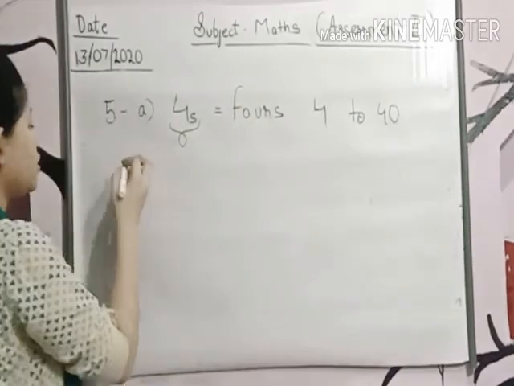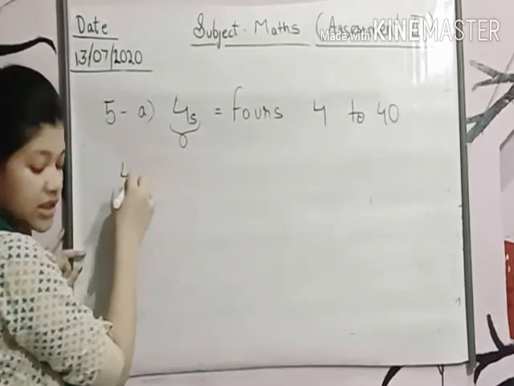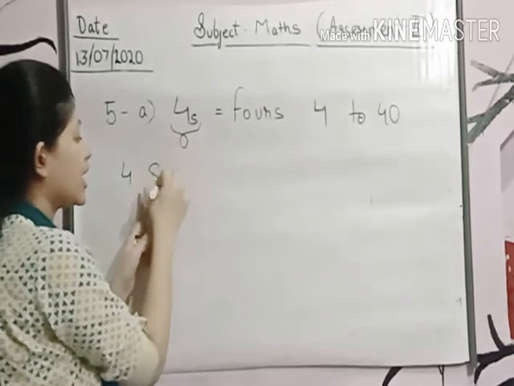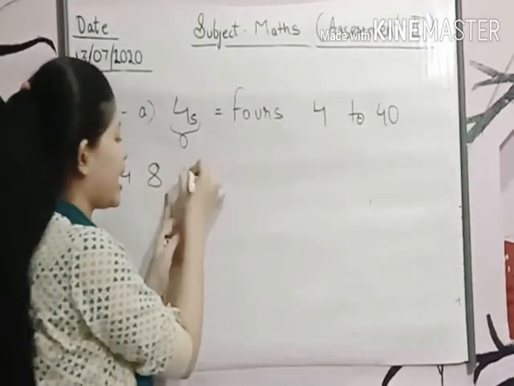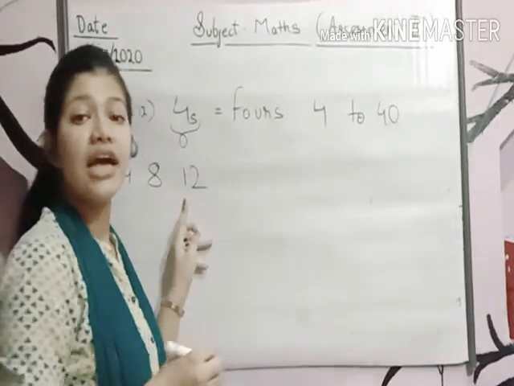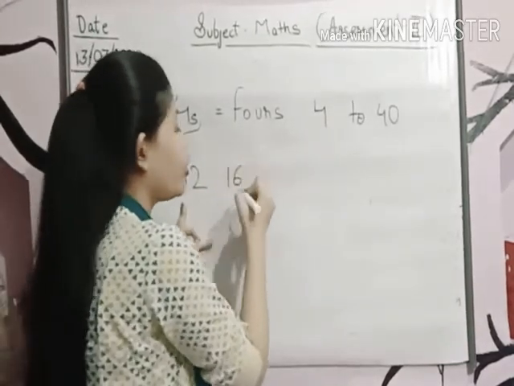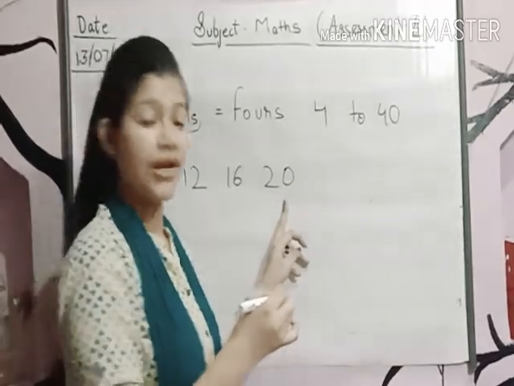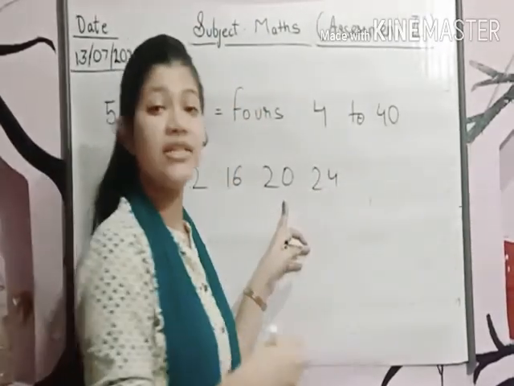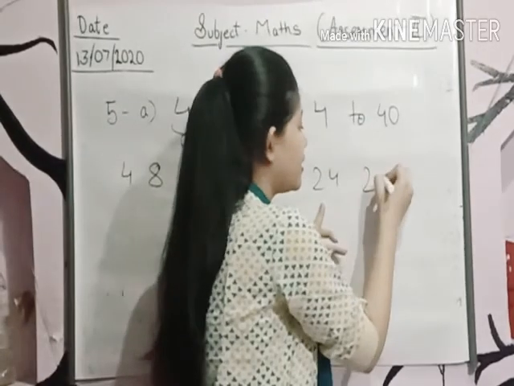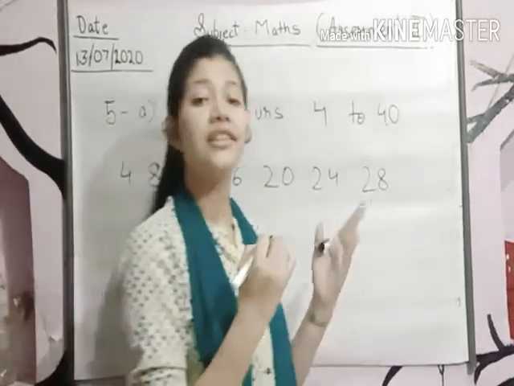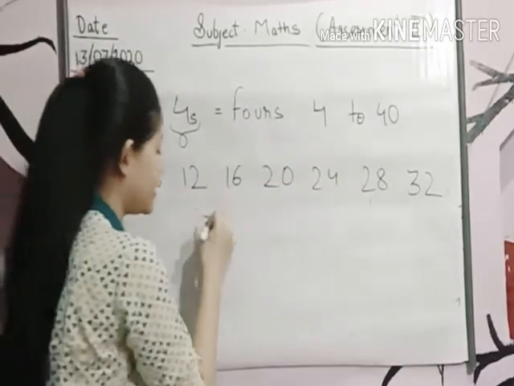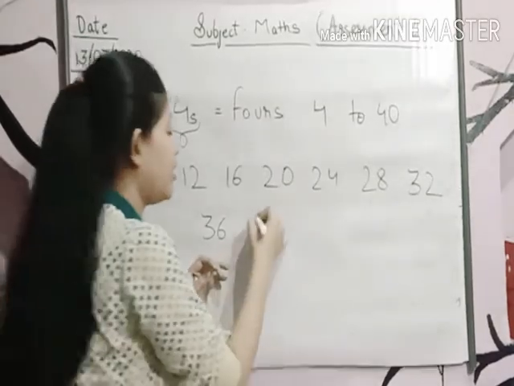Okay. So see here. 4. First column will be 4. 4 ones are 4. 4 twos are 8. 4 threes are 12. 4 fours are 16. 4 fives are 20. 4 six are 24. 4 sevens are 28. 4 eights are 32. 4 nines are 36 and 4 tens are 40.